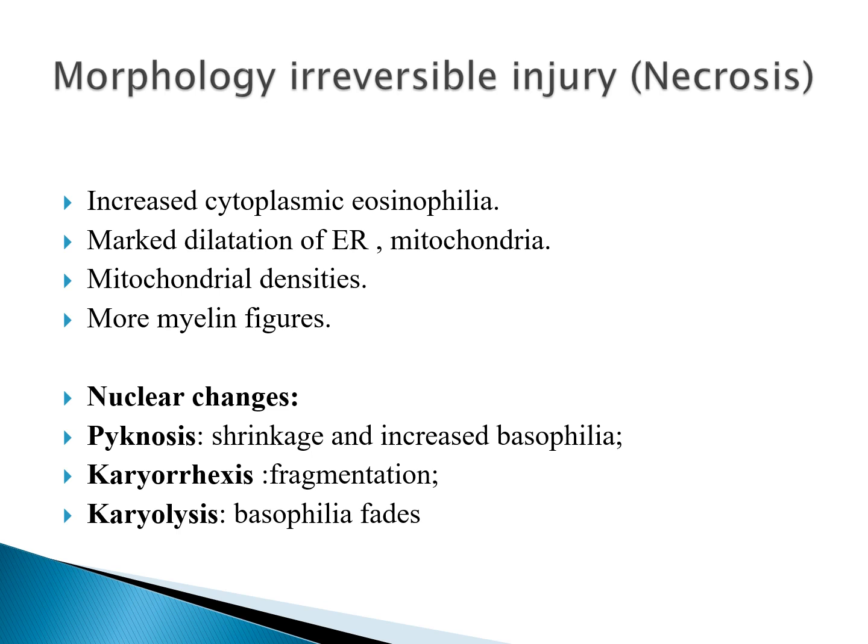Now, the nuclear changes are very important in irreversible injury. It starts by pyknosis, which means shrinkage and increased basophilia of the nuclear chromatin material. فبالتالي the nucleus looks like a very dark, very blue spot inside the cell.